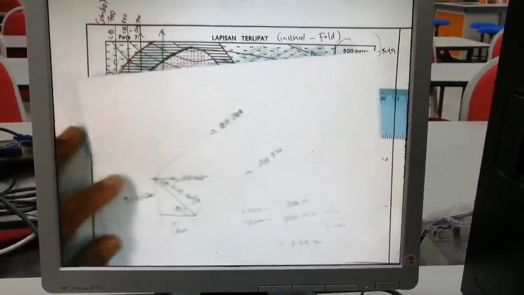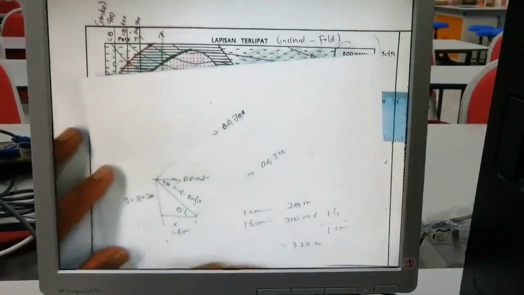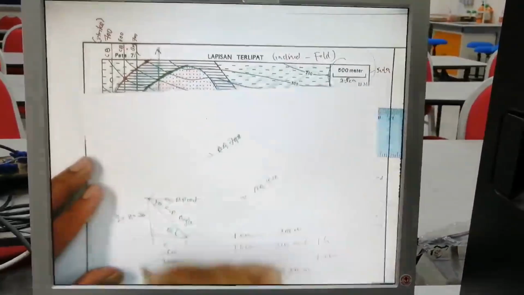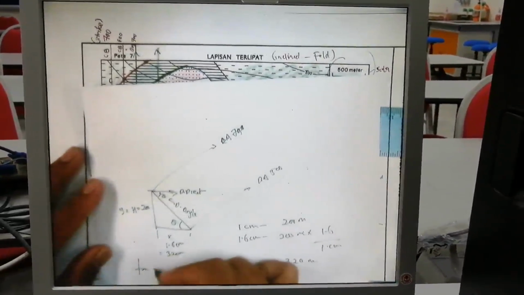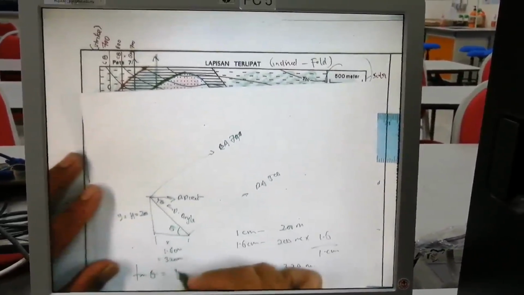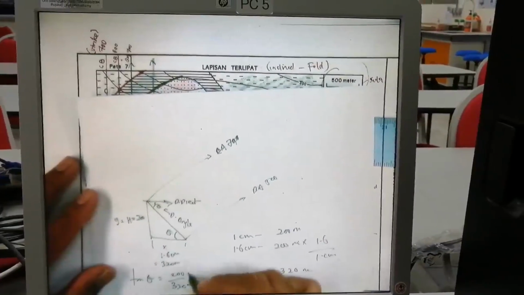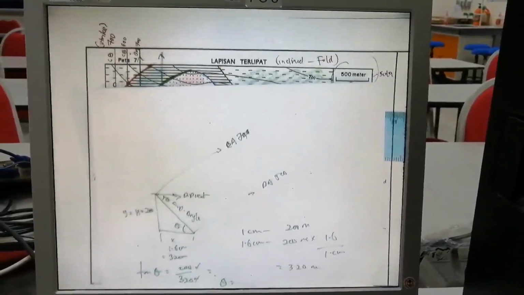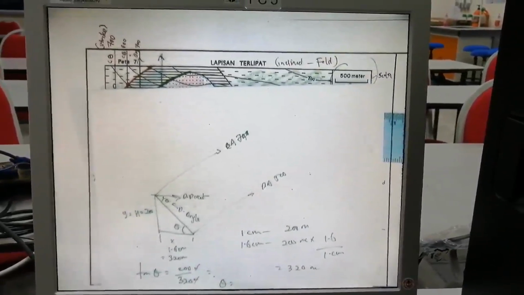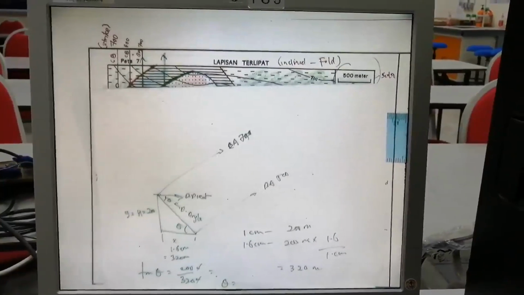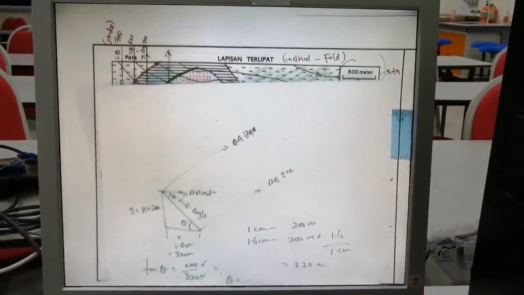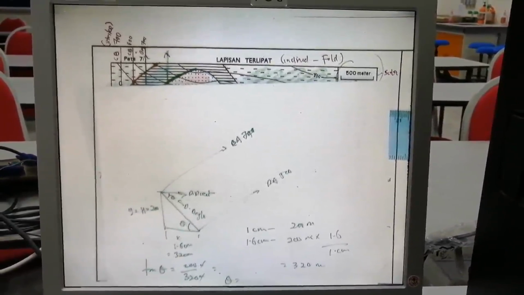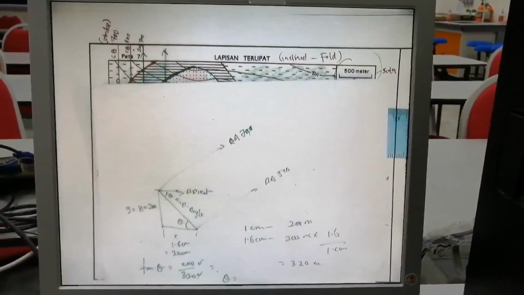So here our x is 320 meter. So our tangent theta here is 200 divided by 320, meters cancel. So theta is equivalent to 200 divided by 320, which is 0.625, similar to before.